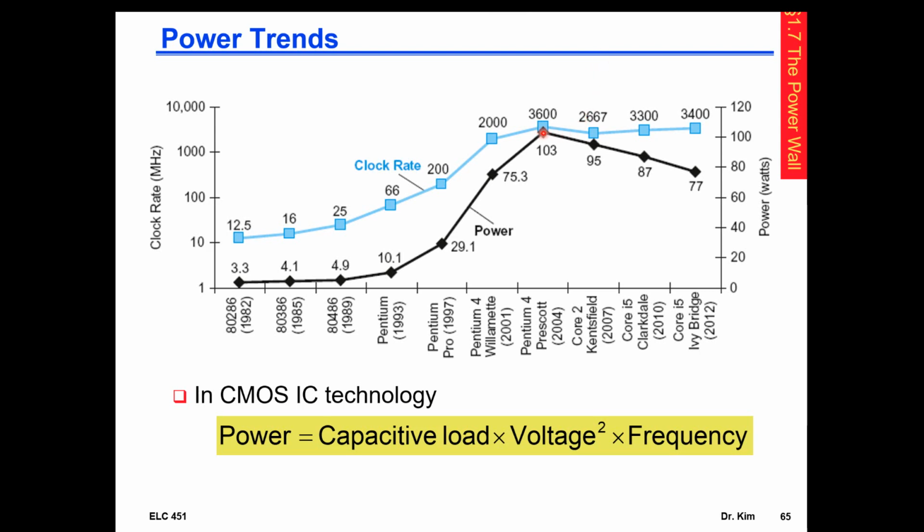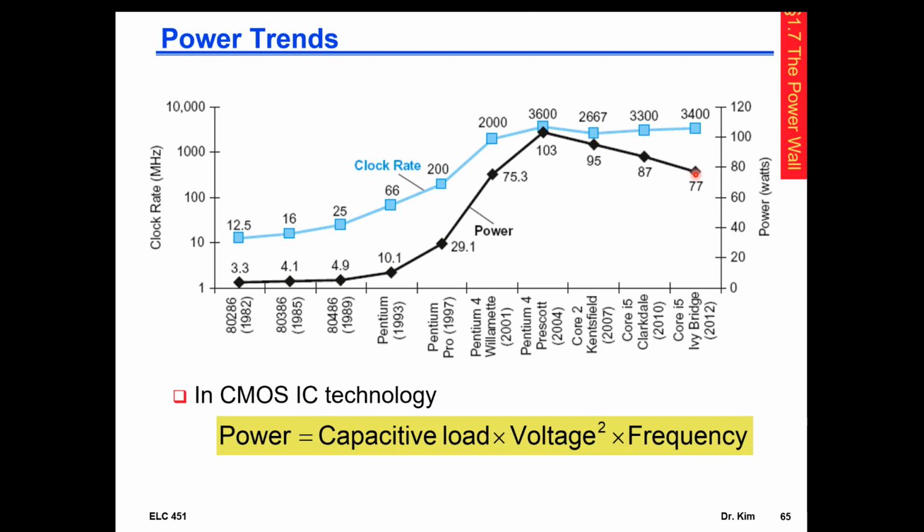And then at the same time, as devices got smaller, by keeping the clock rate somewhat flat and decreasing the device sizes and decreasing the power supply, the power has started to drop.